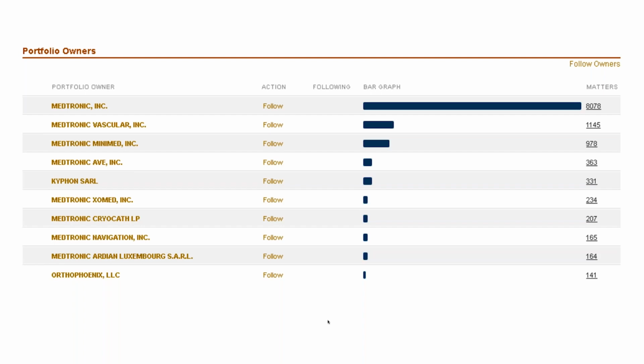And you can see, if you were to look up only Medtronic and take all the different variations of Medtronic, you would still miss things, unless you could find out that Kyphon and Orthophoenix were Medtronic assets, just under a different name.